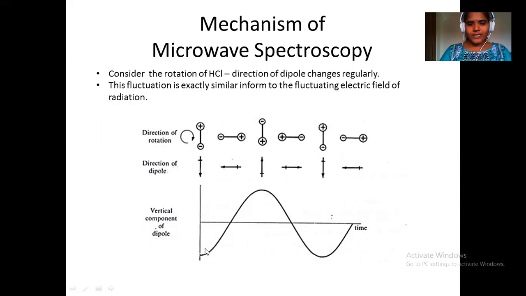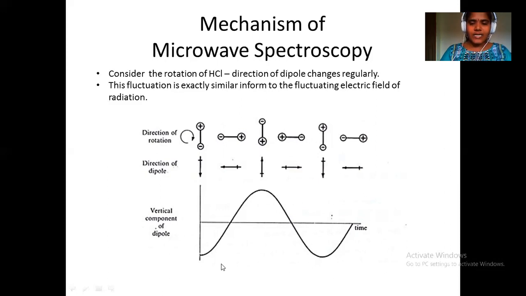If you plot those points and connect them, you get a sine wave. So you can observe that it also has a frequency. The rotating molecule has some frequency with which it is rotating.